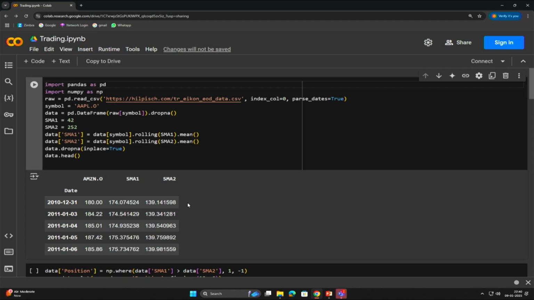Still connecting to Google Compute. Initializing. Connected.